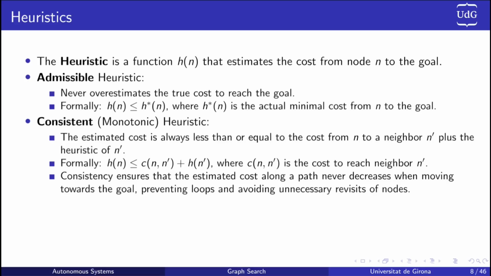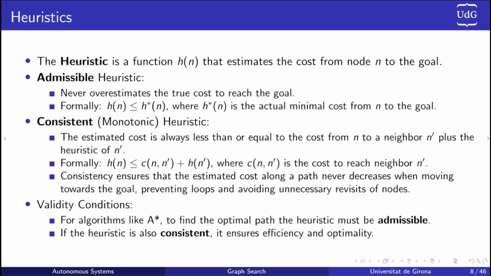If you create your own heuristic because your state, the way in which you define each vertex, each node in the graph, contains some other dimensions that are not as simple as an XY position, then you have to be careful that this is true. For some algorithms like A star, it's super important that the heuristic is admissible.